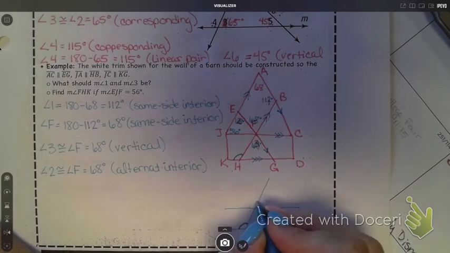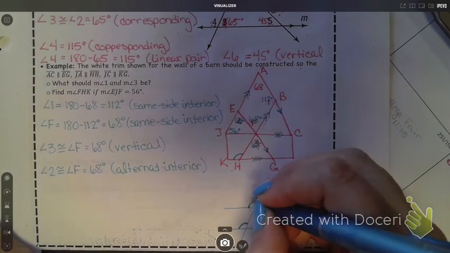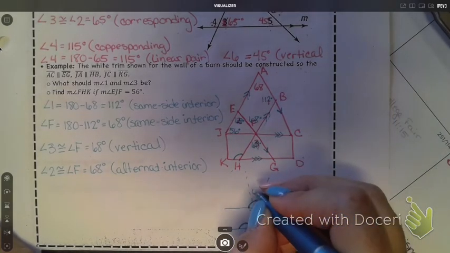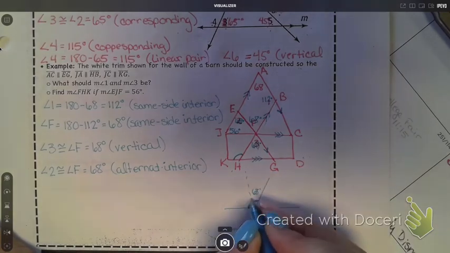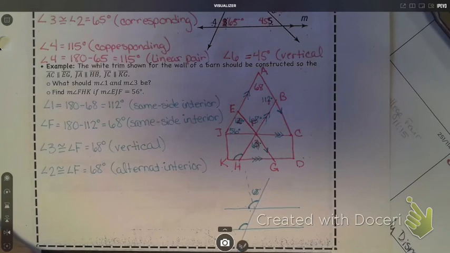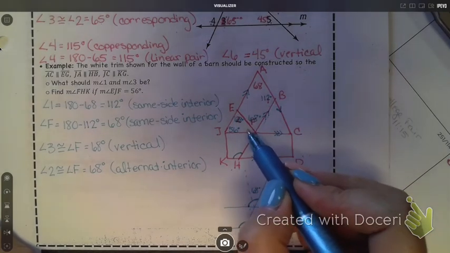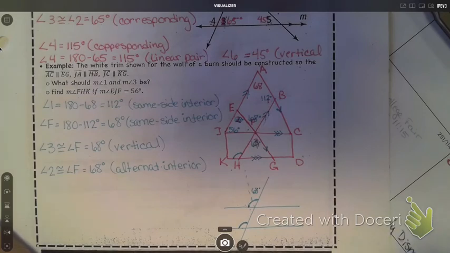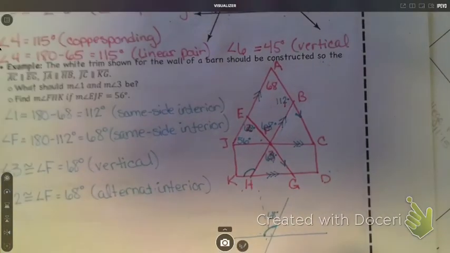This one right here, right? Do we have any part of this angle right now? This is 68, yes? So if I could find this down here, could I add them to get this? So is there a way to find that angle? Yeah. How can I do it?